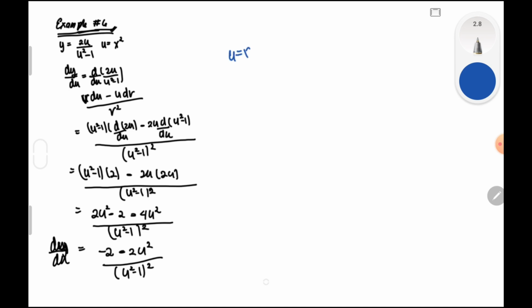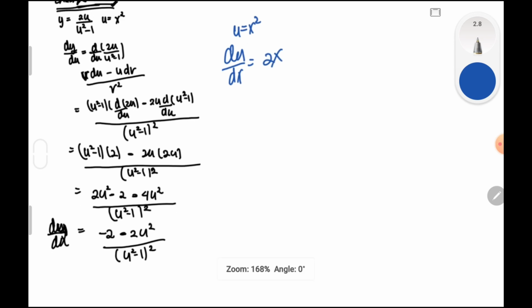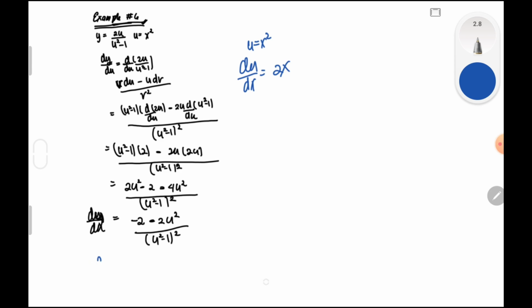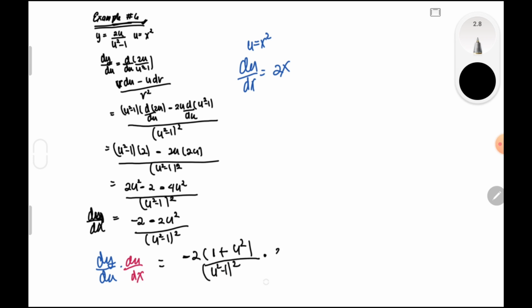For our du over dx, u is equal to x squared, so du over dx is 2x. By further manipulation of the equation using our chain rule, we have dy over du multiplied by du over dx, which is equal to negative 2 multiplied by 1 plus u squared all over u squared minus 1 squared multiplied by our 2x.